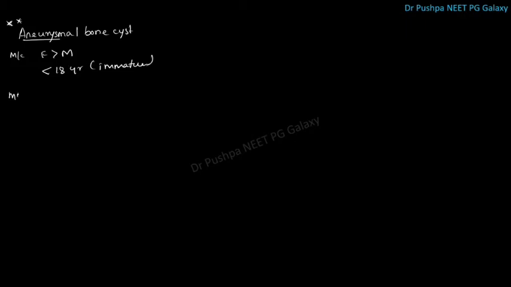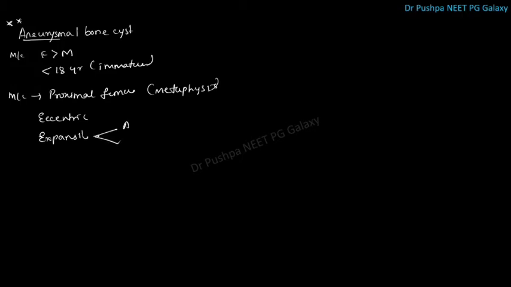The most common bone involved is the proximal femur, at the metaphysis. It is an eccentric cyst, more expansile, expanding asymmetrically and grossly expansile.